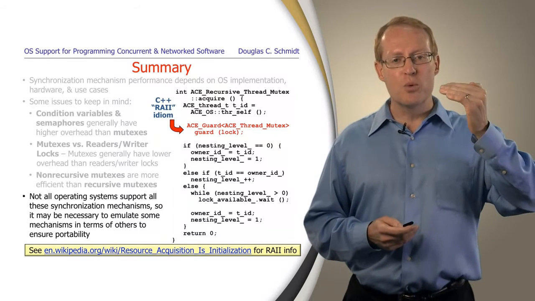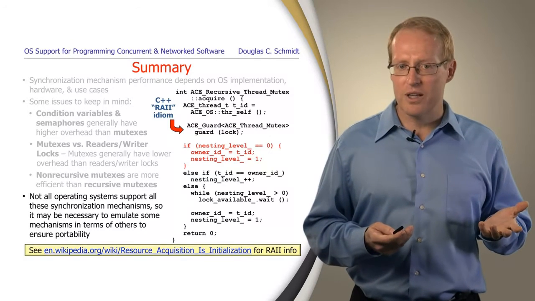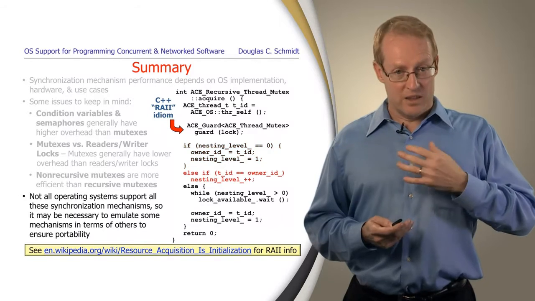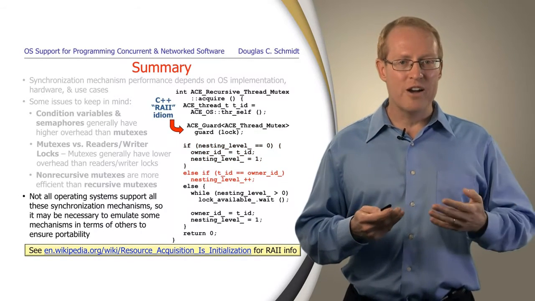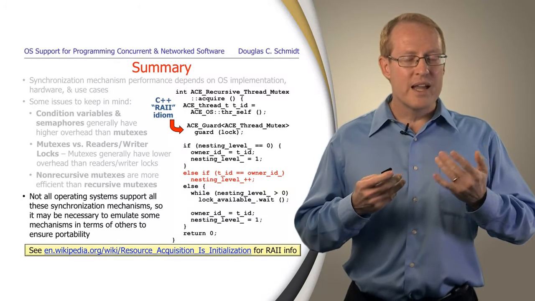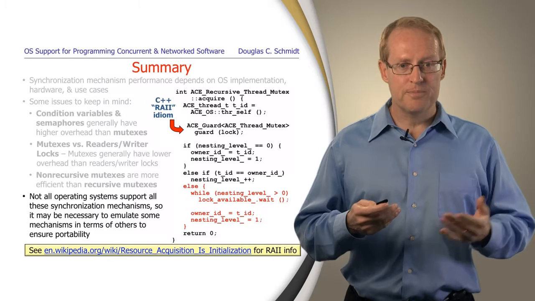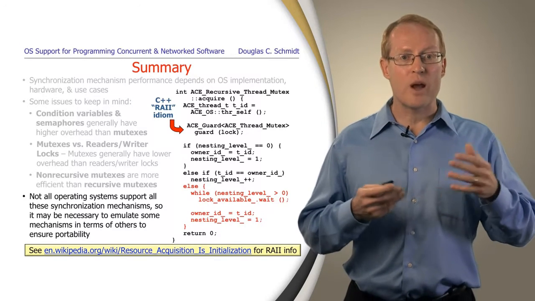And then it goes through with that lock held and it checks to see the nesting level. If you're trying to acquire a lock that has a nesting level of 0, you can become the owner. Likewise, if you already own the mutex and you're trying to acquire it, you just increment the count by 1. If you don't own the lock or someone else owns it, then you have to wait while the nesting level is greater than 0.